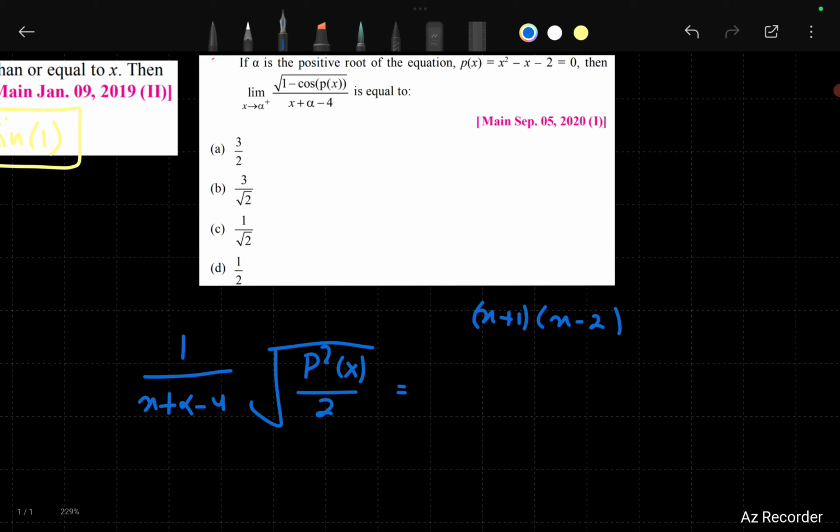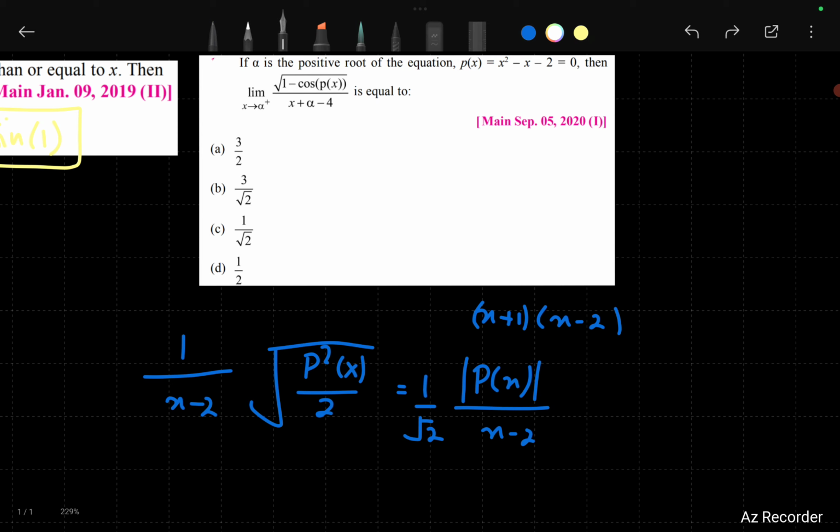Then alpha is equal to 2. If we substitute alpha here, we can cancel it and write it as x minus 2, and here it is p square of x. We can take it out and write it as mod of p of x, 1 by root 2, divided by x minus 2. So what will be mod of p of x?